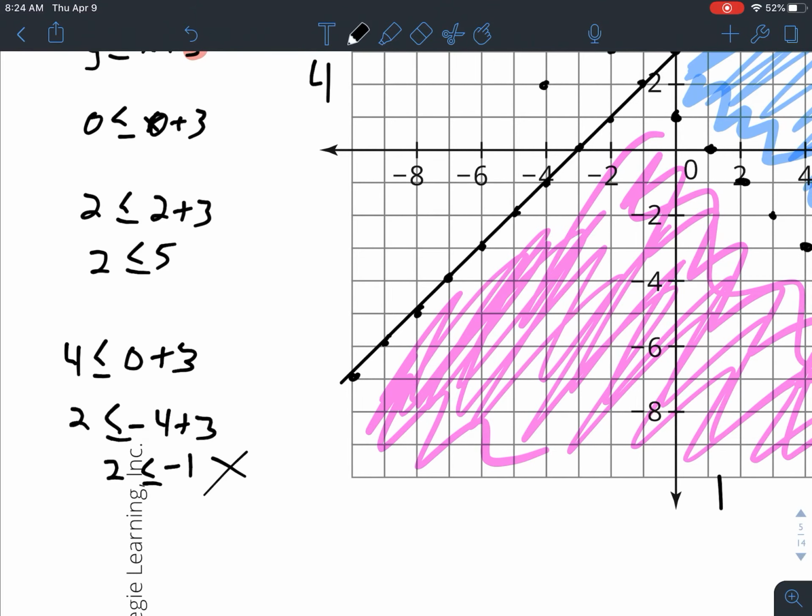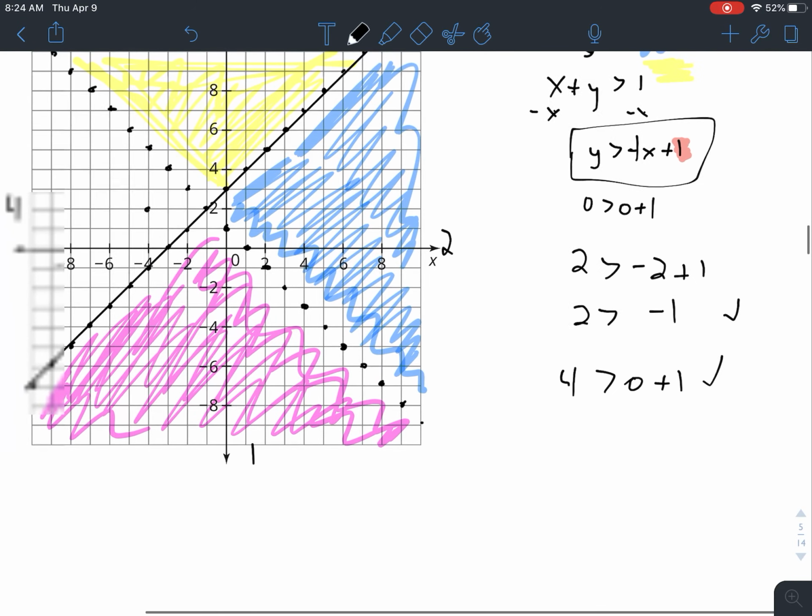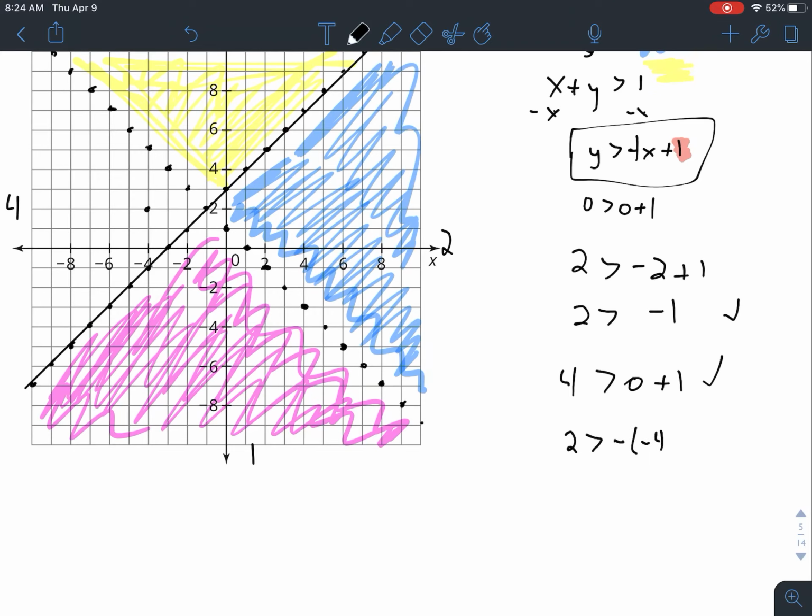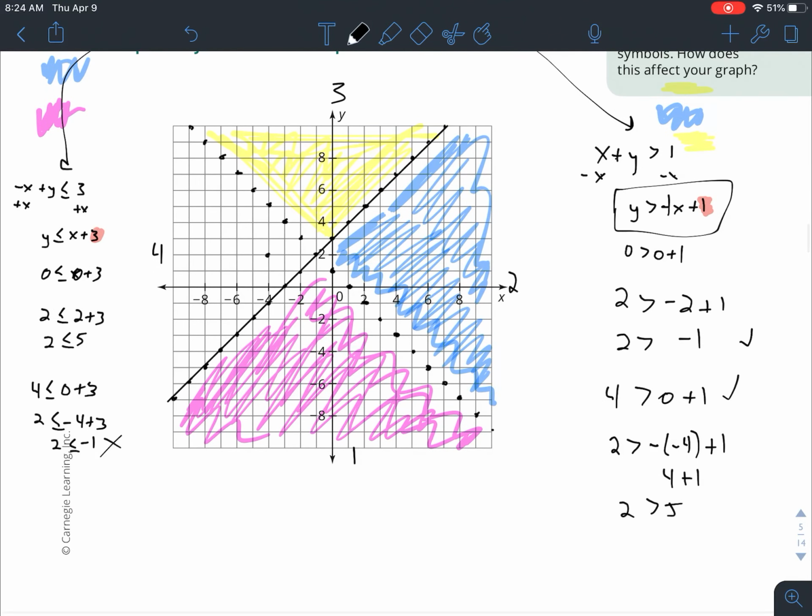That's not true, does not work. And I said y is 2, and x is negative 4 plus 1. Negative 4, or negative 1 essentially here, because negative times a negative 4 gives us a positive 4. Plus 1, 5 is less than or equal to 2, does not work. So we leave that blank. Okay, so zone 4 does not work for anyone.